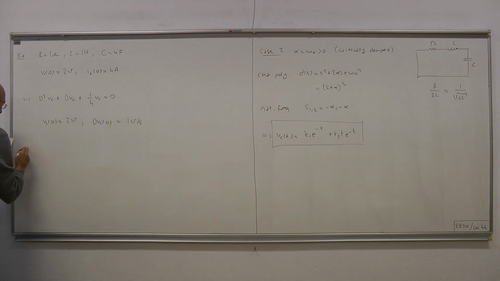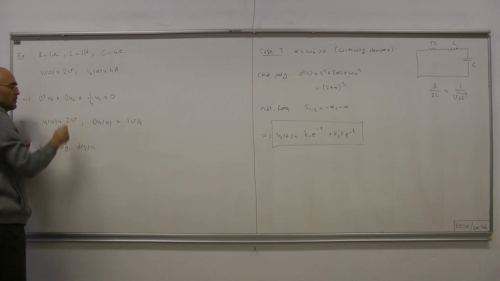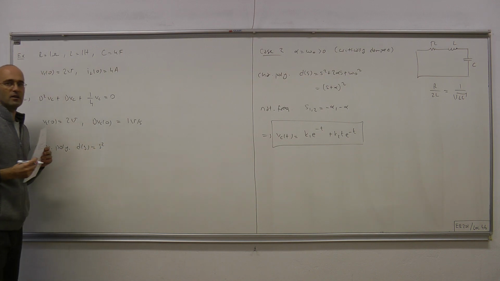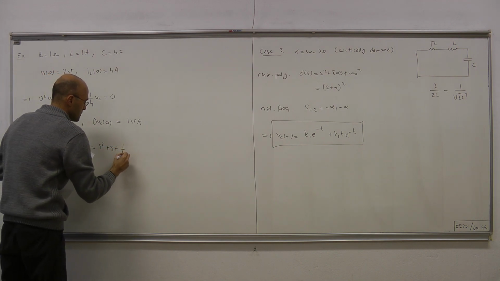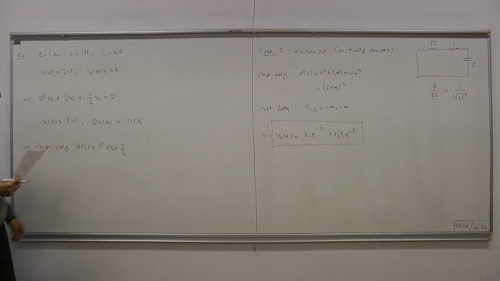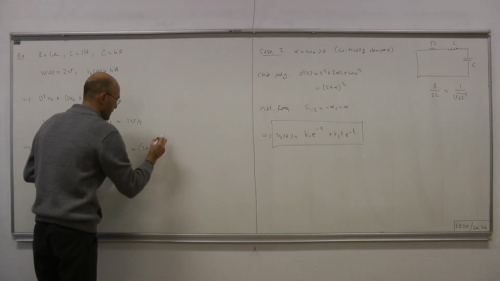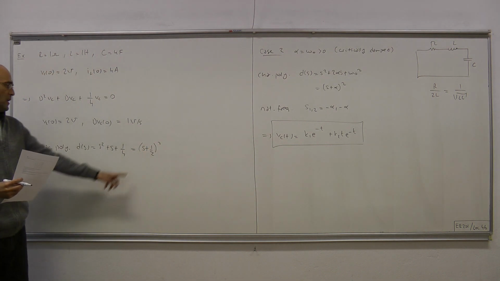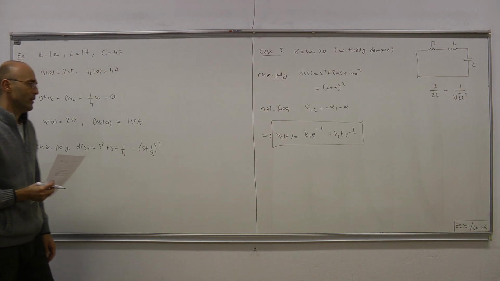The characteristic polynomial, we look at the differential equation, and it tells us what the characteristic polynomial is: s squared plus s plus 1 over 4. This can be written as (s plus 1/2) squared, which tells us immediately that both roots are at minus 1/2.